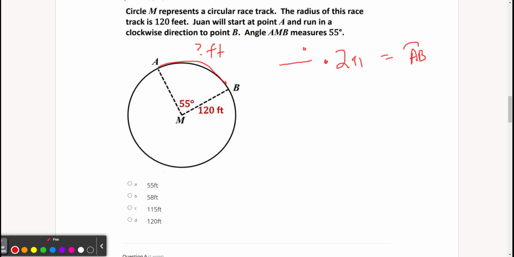So that's 2 pi times 120. And then what goes in the numerator? The 55 angle. And then 360 always in the bottom. So this is your angle divided by 360 times circumference because I want length. And somewhere it says length up here. Okay.